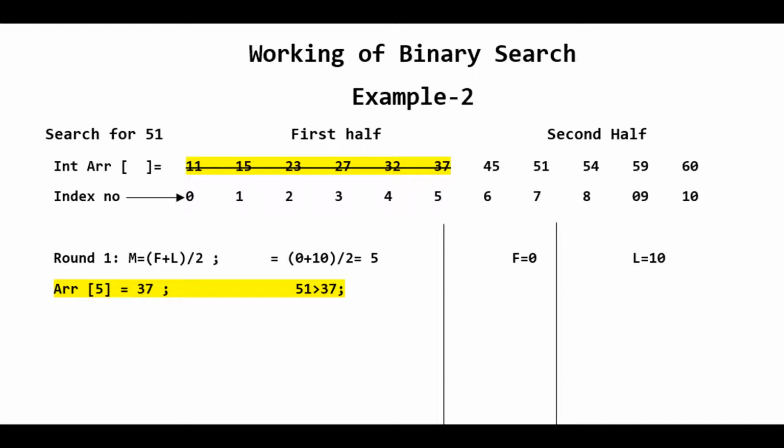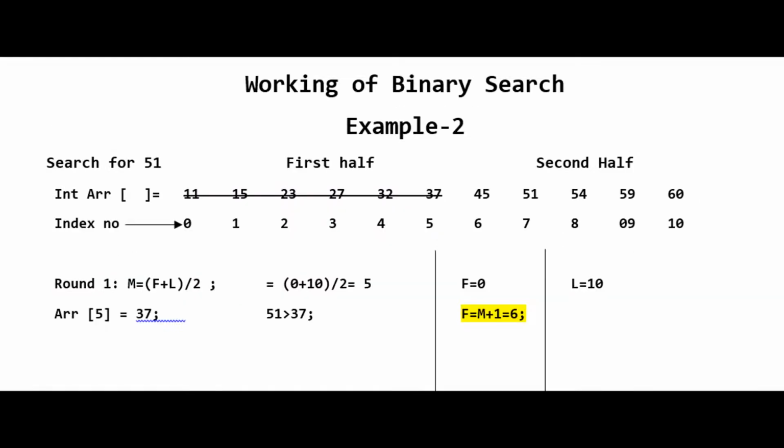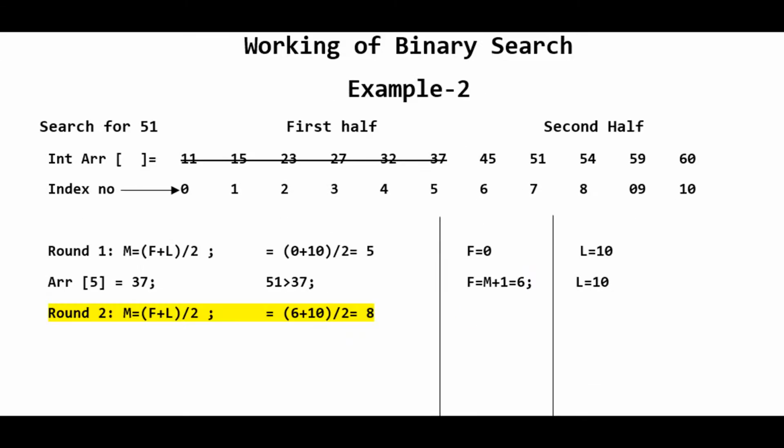The first index of the new segment is arrived at by adding 1 to the middle index, so it becomes 6. The last index number remains unchanged. So now we get 6 plus 10 divided by 2, that is 16 divided by 2. We get 8 as the middle element of this segment.